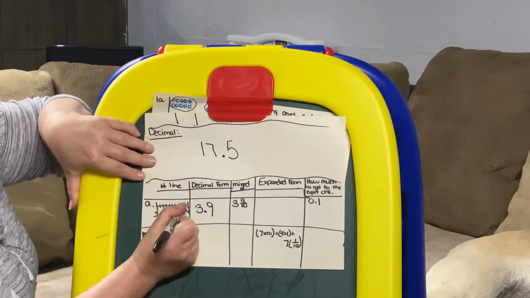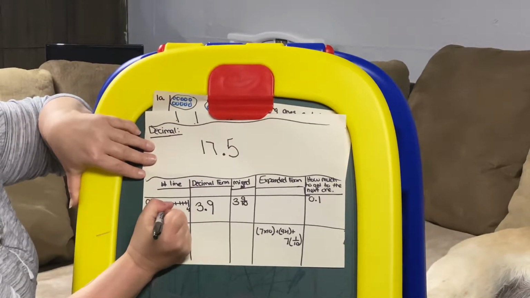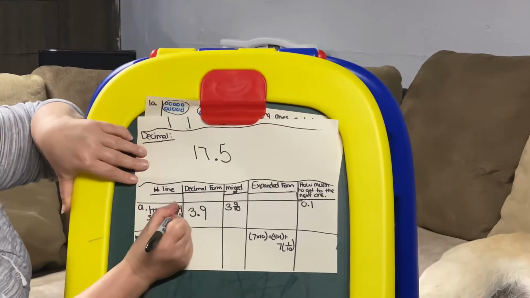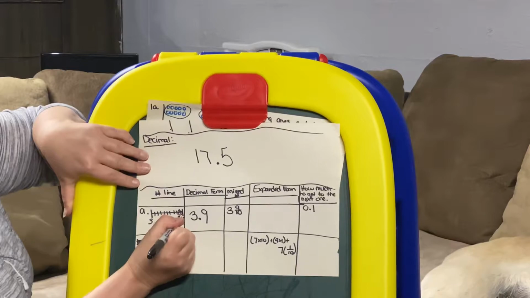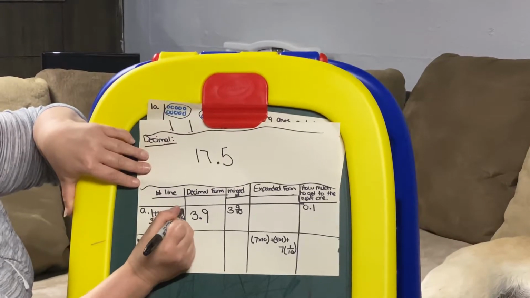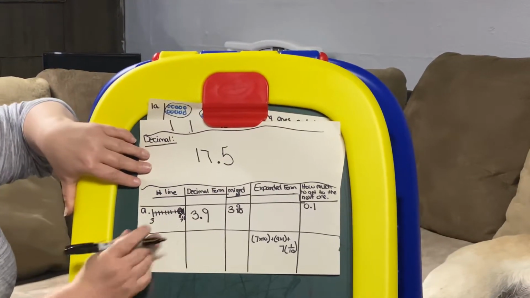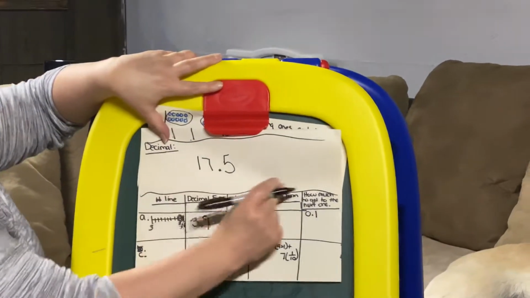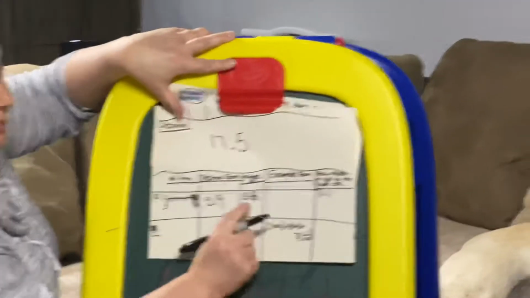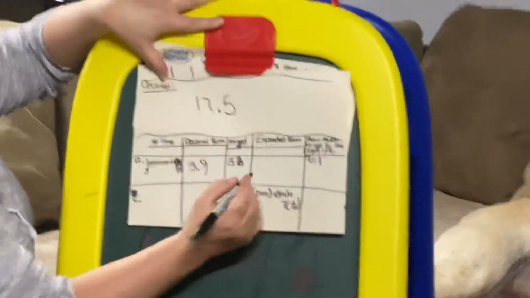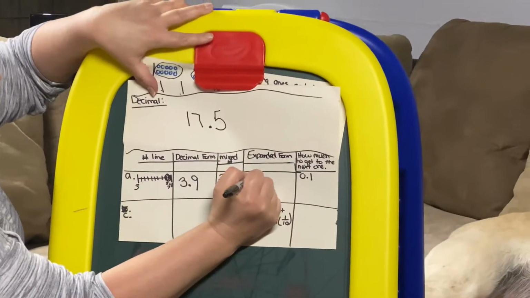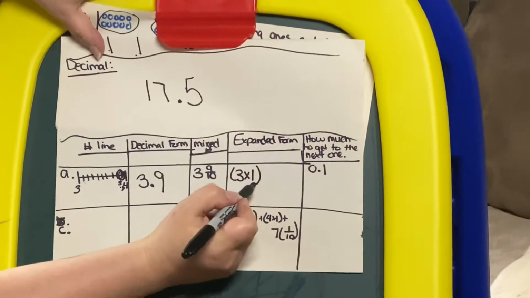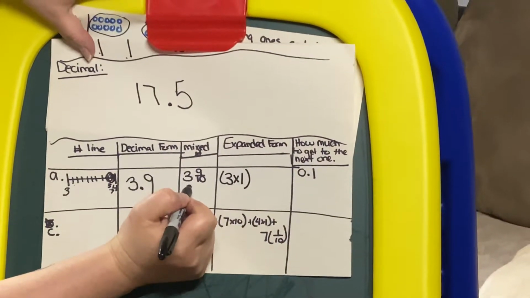So I'm going to count by my 0.1, 0.2, 0.3, 0.4, 0.5, 0.6, 0.7, 0.8. Here is 3.9. Right here, right before the number 4. And you can just circle it. You don't have to write it all out. Then we're going to write this back in expanded form. Well, if we remember expanded form from above, I have 3 times 1, because in the ones position there is a 3.